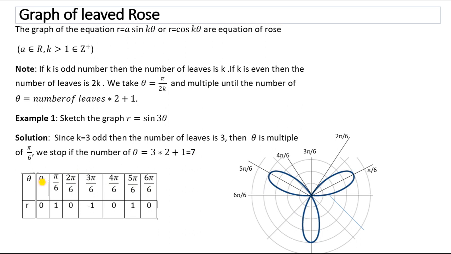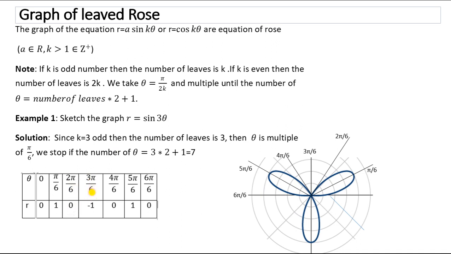If theta equals 0, sine 0 is 0. If theta equals pi over 6, sine of pi over 2 is 1. If theta equals 2 pi over 6, I have sine of 3 multiplied by 2 pi over 6, sine pi, 0.